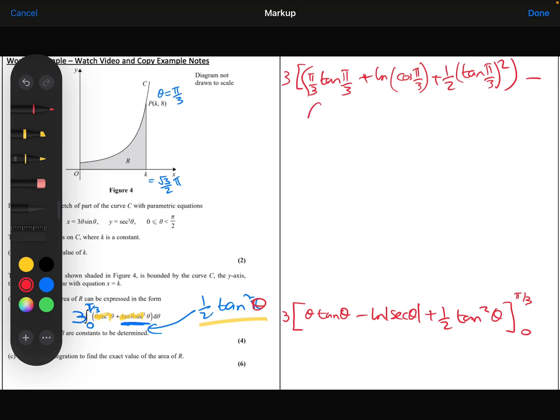Now let's substitute the 0 in. Well, substituting 0 into theta at the front here will just become 0. So then I've got ln of cos 0 plus 1/2 of tan 0 squared. Right, so I've got pi over 3 times tan pi over 3. Now tan pi over 3 is root 3.